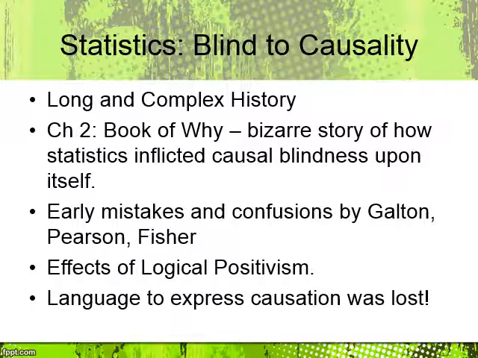And this has to do with early mistakes and confusions by Galton, Pearson, and Fisher, who were all the founders of statistics. They made mistakes in terms of confusing correlation and causation. Another important reason for these mistakes was the effects of logical positivism, which basically says that only the observable matters and the unobservables do not matter.